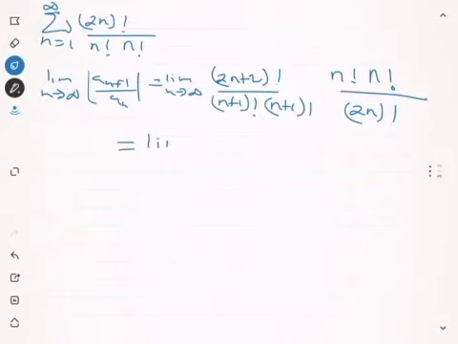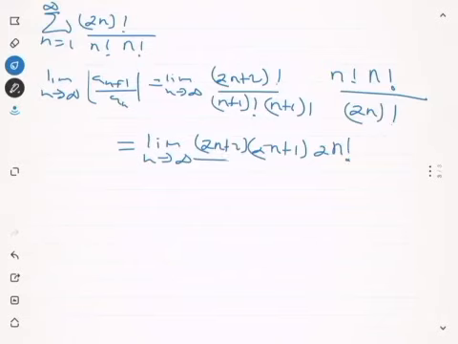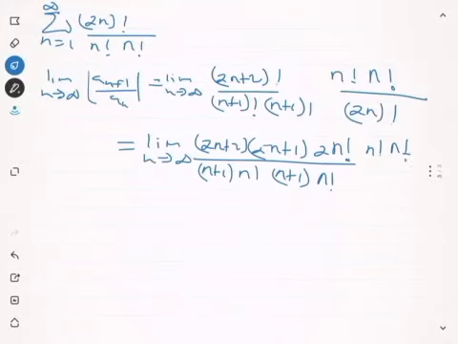Alright, this is equal to the limit as n approaches infinity of 2n plus 2 times 2n plus 1 times 2n factorial, divided by n plus 1 times n factorial, n plus 1 times n factorial, and then we have n factorial and 2n factorial. So then you can see that this n factorial cancels with this. The 2n factorial cancels with this, and then this cancels with that.